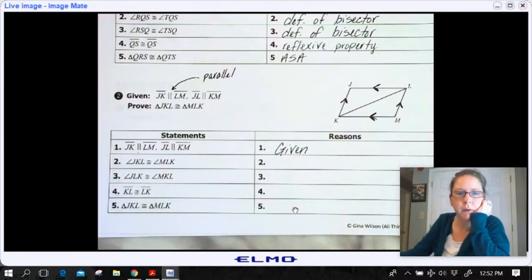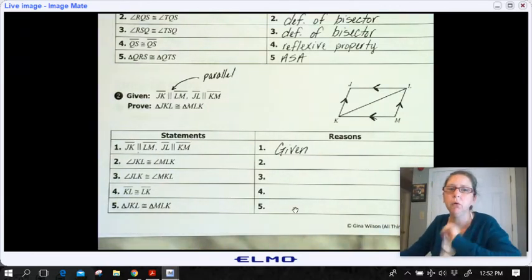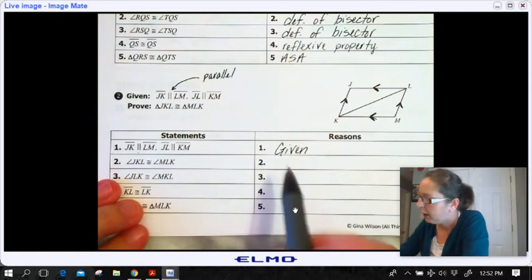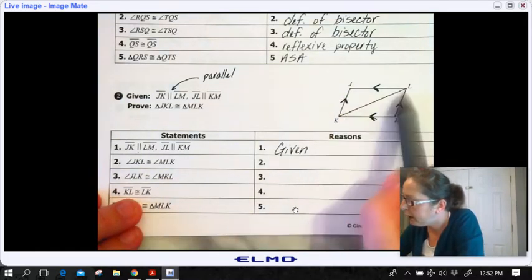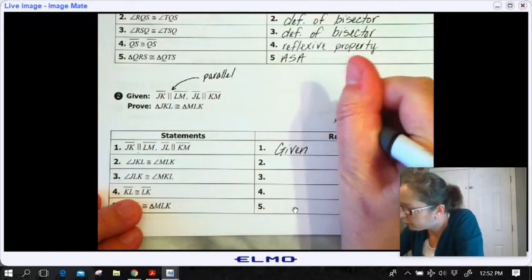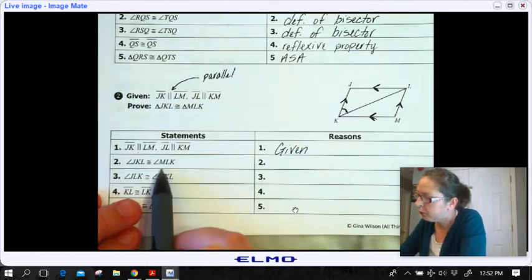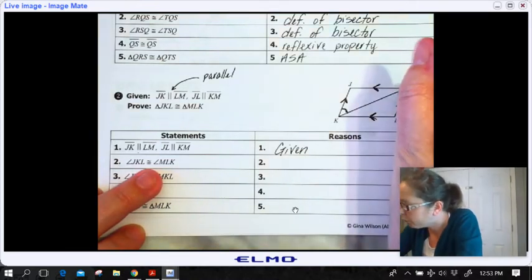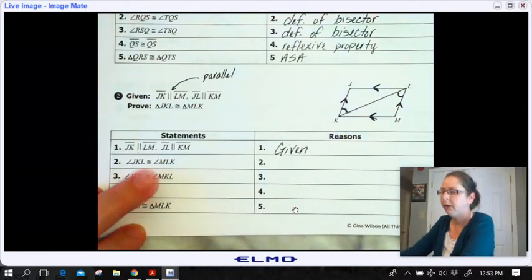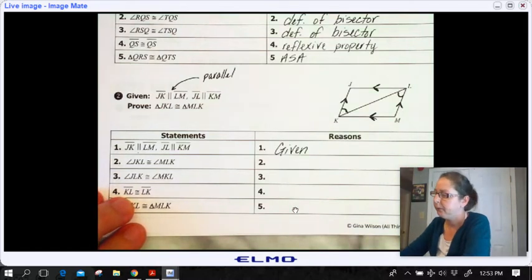Now let's think about how we could figure out some of these angle congruencies. Angle JKL, let's mark it, is going to be congruent to angle MLK. And how do I know that these are congruent?